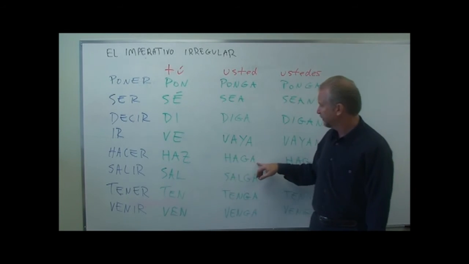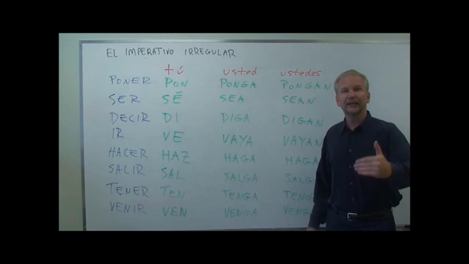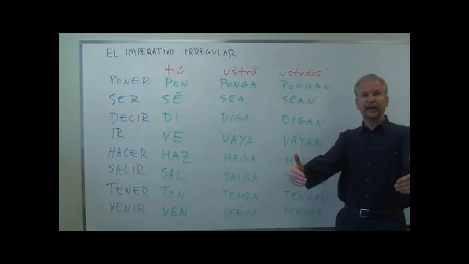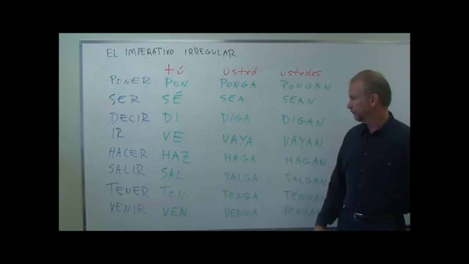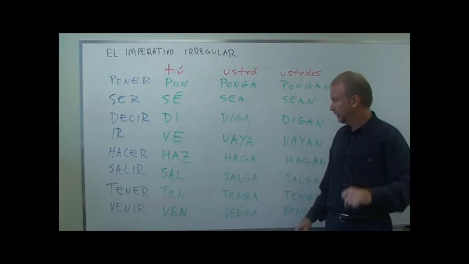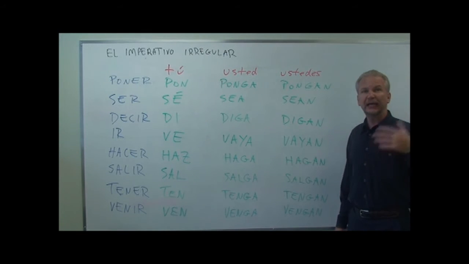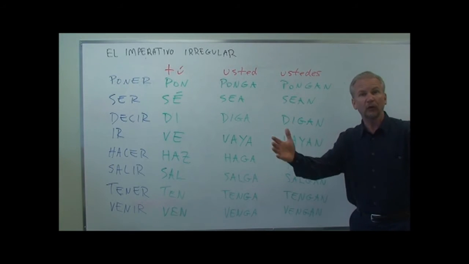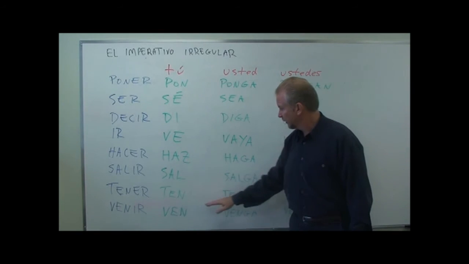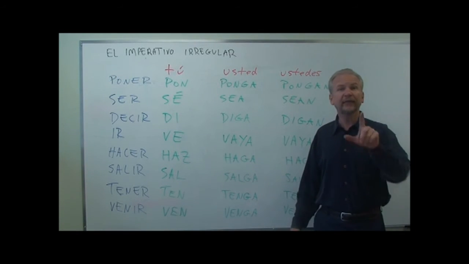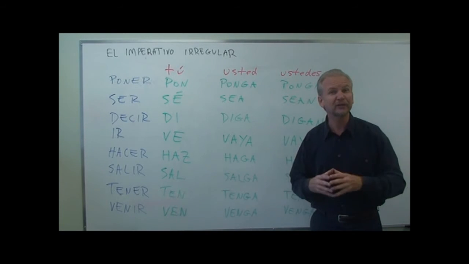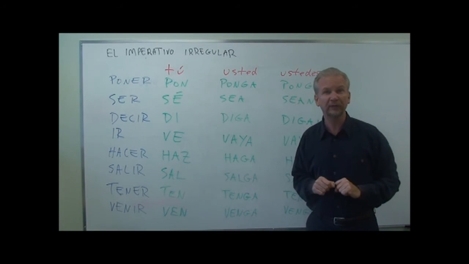The verb hacer would be haga. And the plural form, hagan. Hagan sus tareas. Do your homework. The verb salir changes to salga. And plural, salgan de la clase. Get out or leave the class. Plural. Tener changes to tenga. Tenga un buen día. You're saying goodbye to a customer. Have a nice day. It's a command. Tenga un buen día.